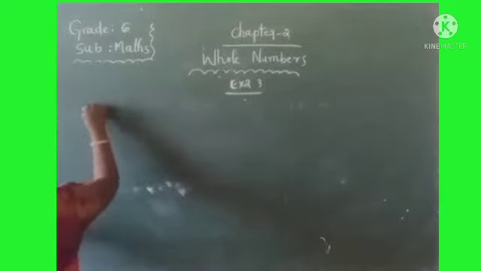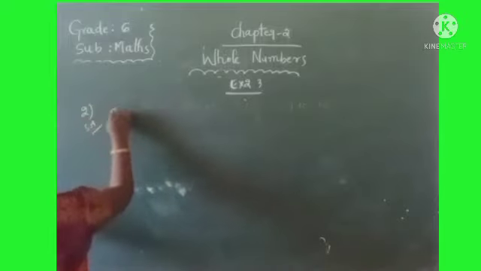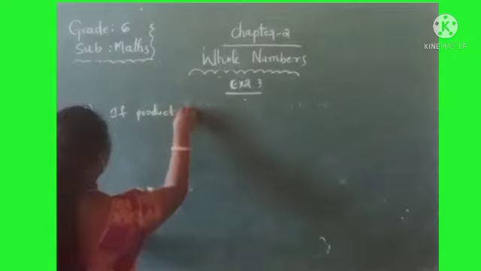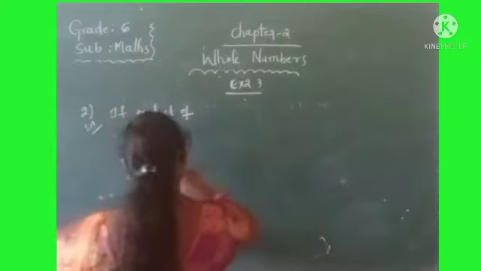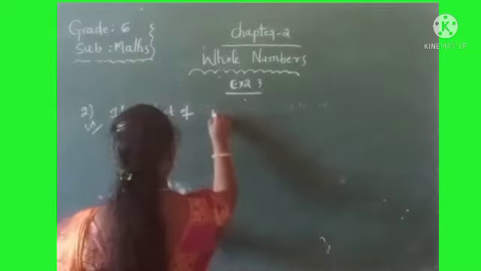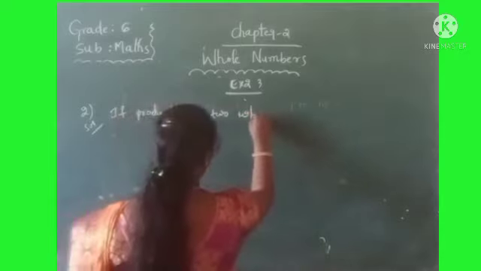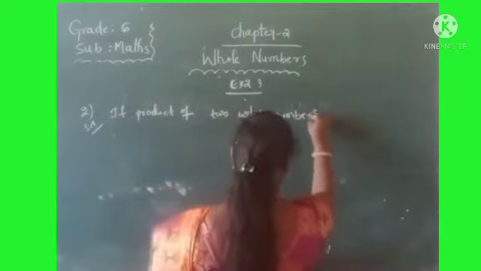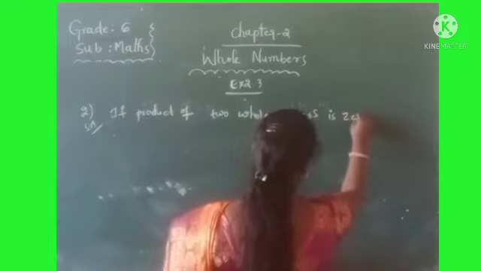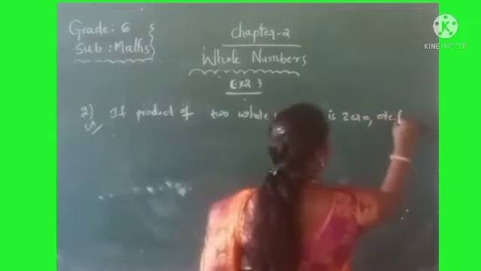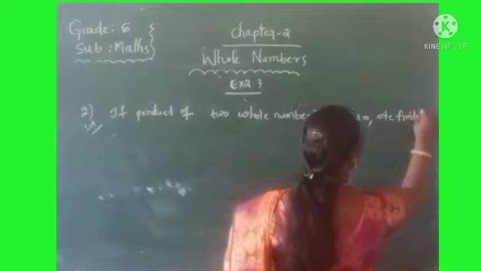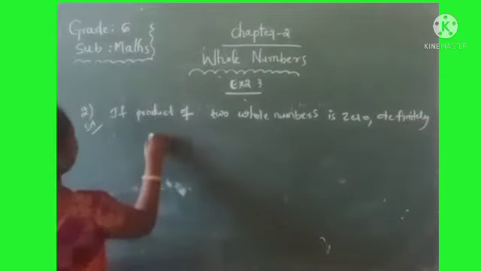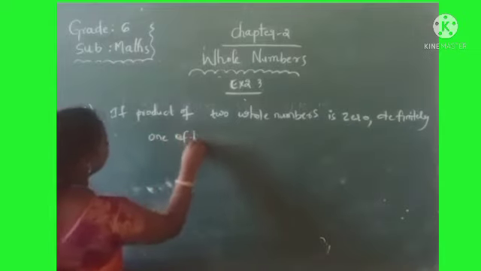First write the second solution. If the product of two whole numbers is 0, definitely one of them is 0.